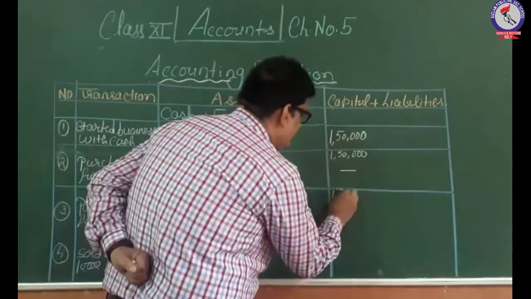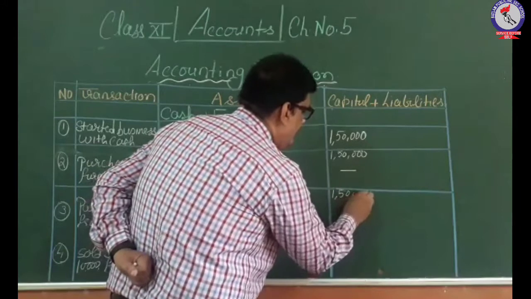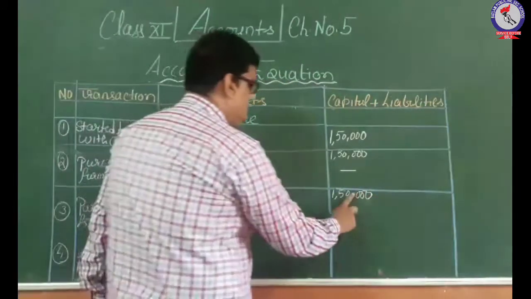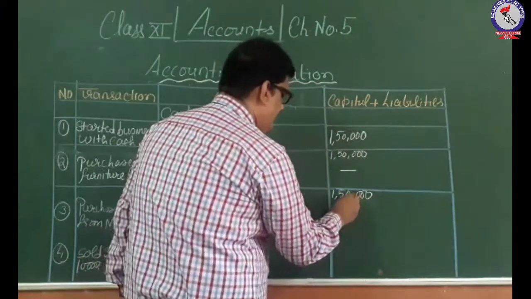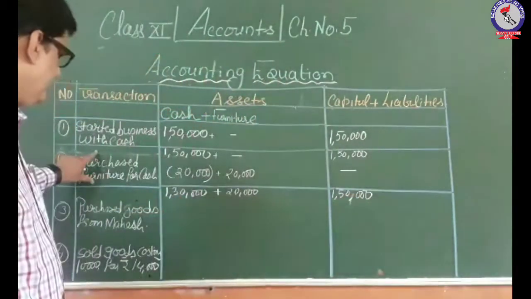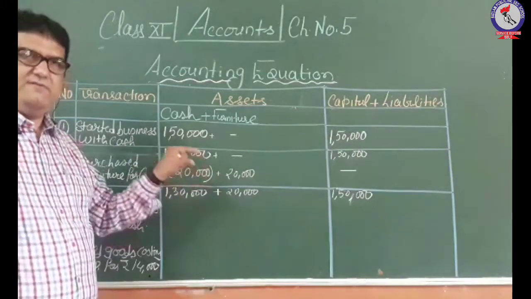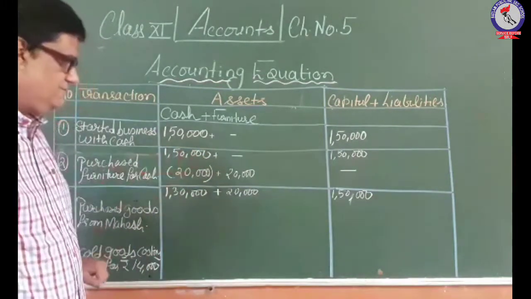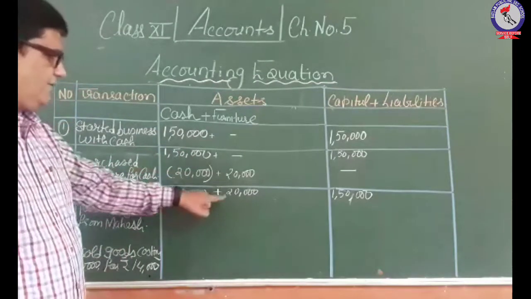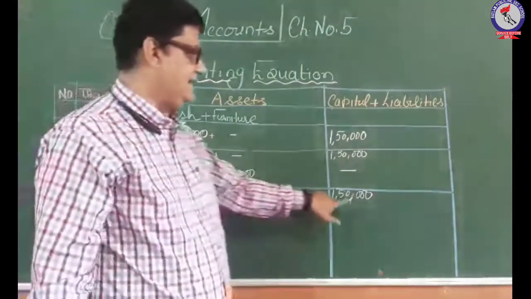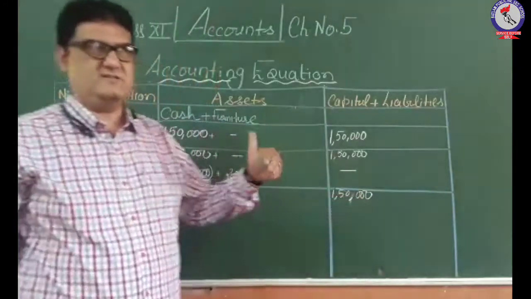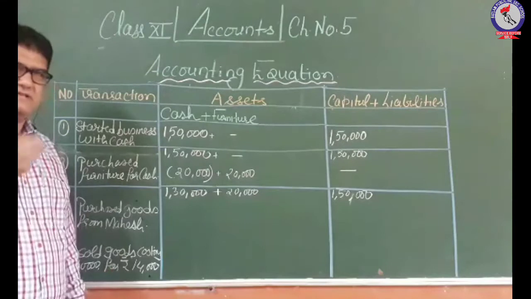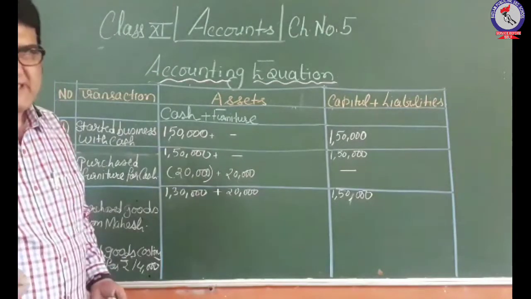So this total is carried forward. So it is 1,50,000. So what is being observed here is that after going through the second transaction, when we have posted the entries of the transaction, the assets are also 150 and liability is also 150. So this says that after every transaction the assets and the liability total will be the same.